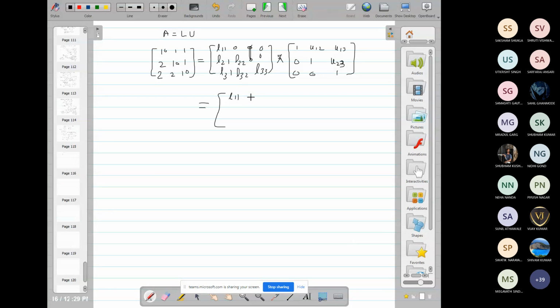So we obtain the first element, and similarly the others, to find the value of L and U. Similarly, for first row by second column, it will be L11 U12 and 0 0.